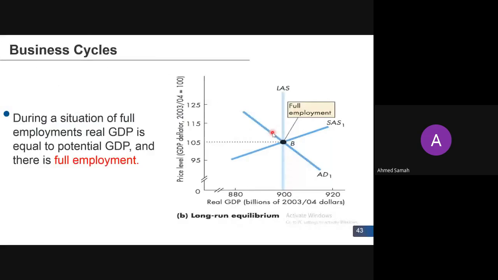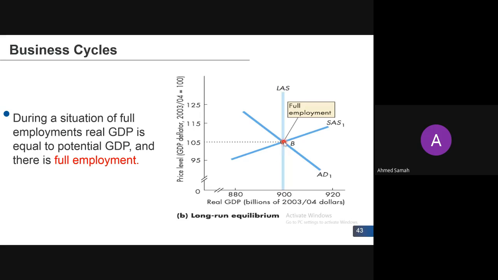Then during the situation of full employment, the real GDP is equal to the potential GDP, and there is full employment. So here you see that the short-run aggregate supply and the short-run aggregate demand have the equilibrium point, which also equals the potential output level or the long-run aggregate supply curve.